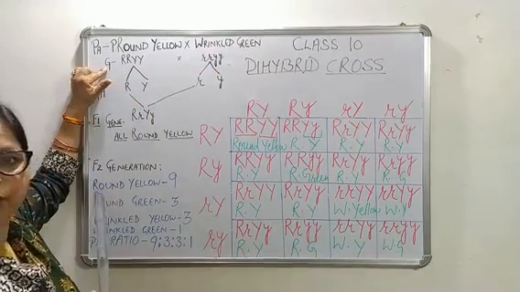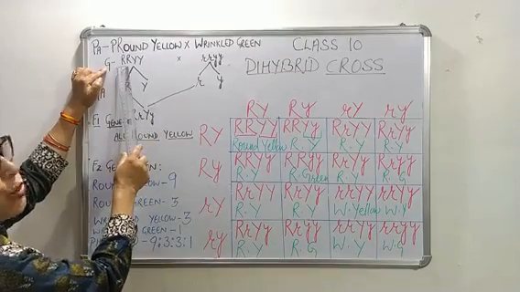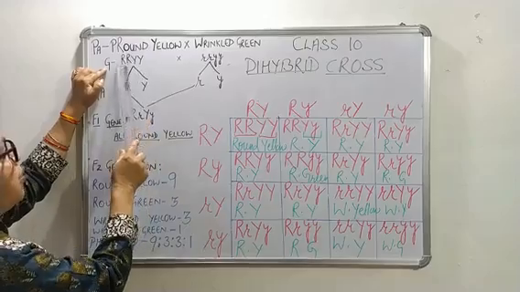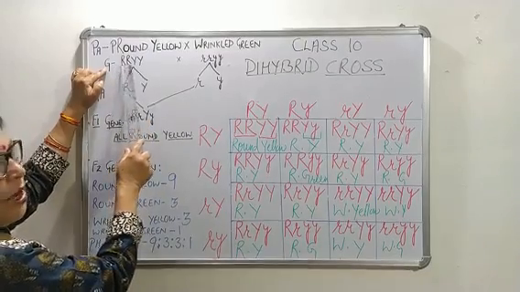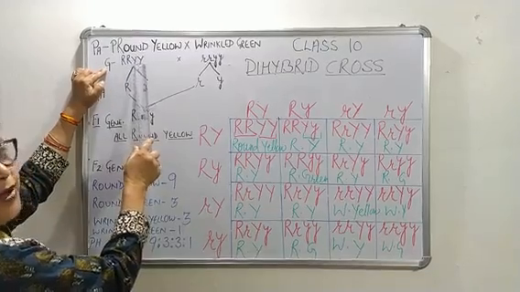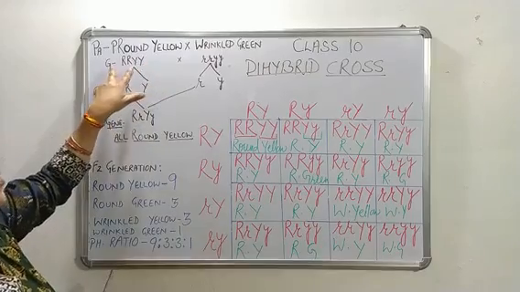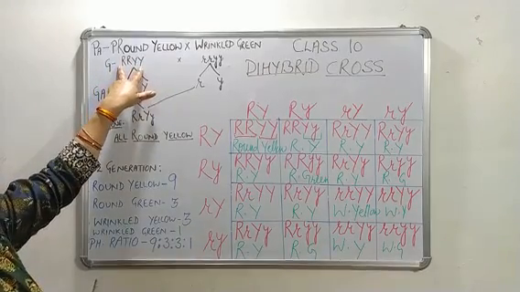Genotype is genetic constitution. Each character will be controlled by two genes or two factors. Round is controlled by capital RR, and yellow is controlled by capital YY. Since this is a dominant character, we will denote it with capital letters.